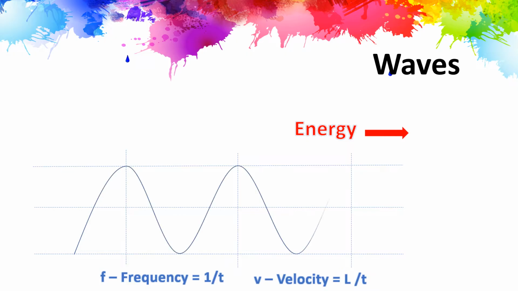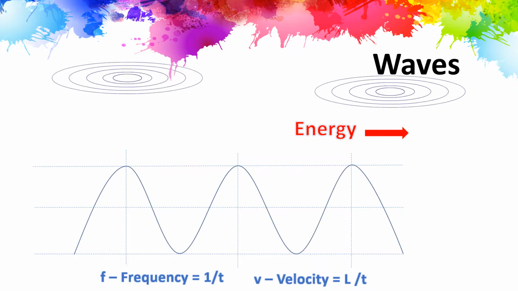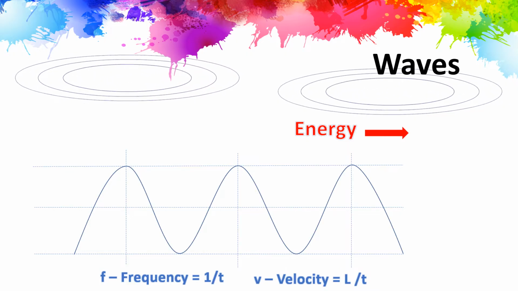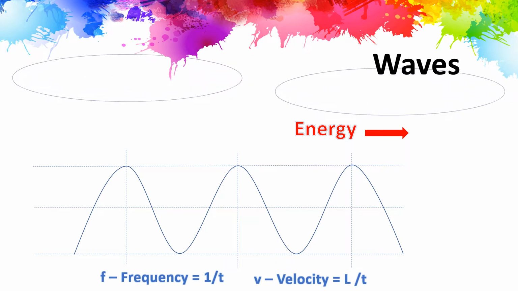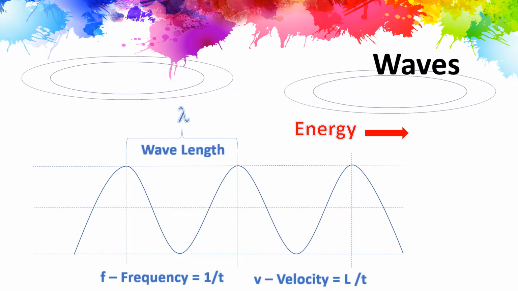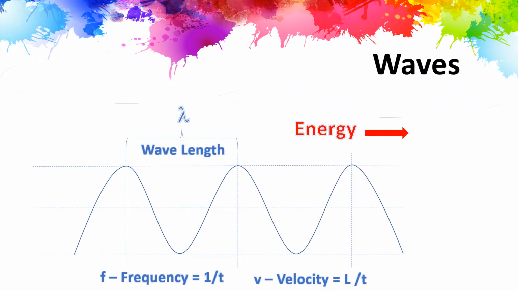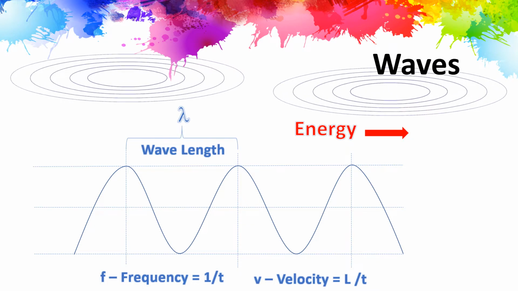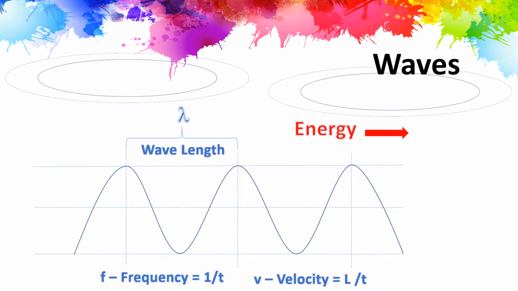I have stopped at a position of this water wave and drawn it in this kind of diagram. This has a frequency and velocity, which we already know, and there's a wavelength. Wavelength is the distance between two similar positions or two nodes.